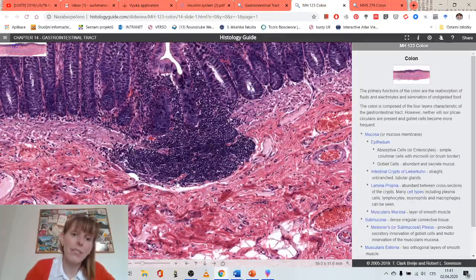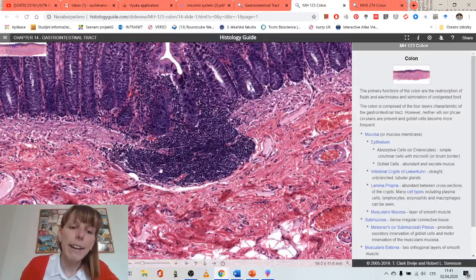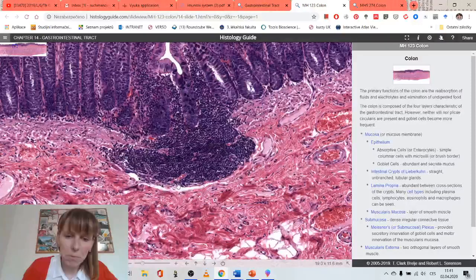We cannot tell if it's B or T lymphocytes, and they are forming this sort of accumulation, this follicle here, and it's in the lamina propria. So it's bulging into the submucosa, but it's reaching into lamina propria because it needs to be close to the lumen, to where the antigens, the pathogens, will be coming in.